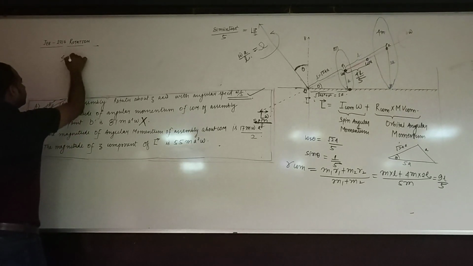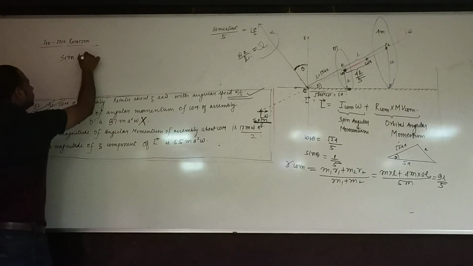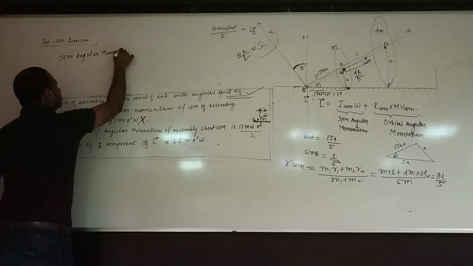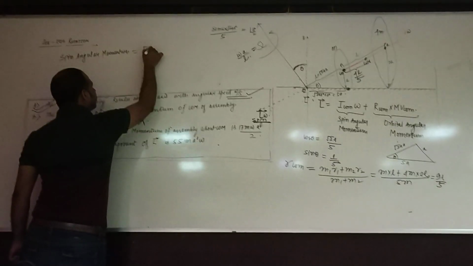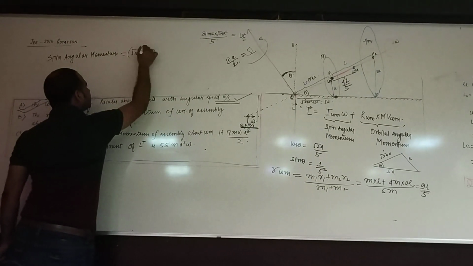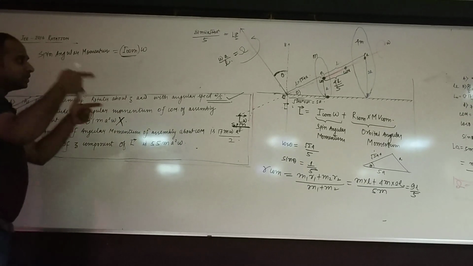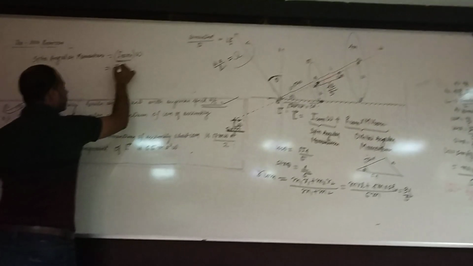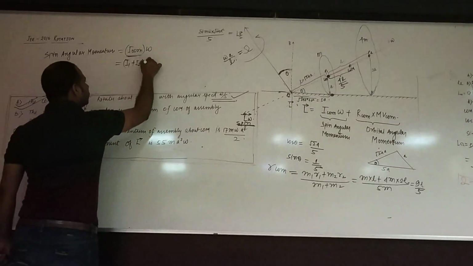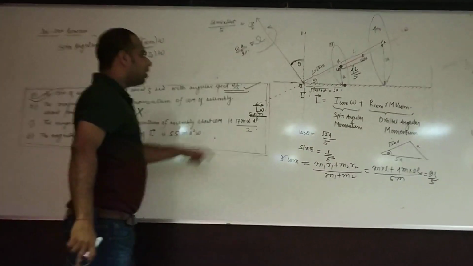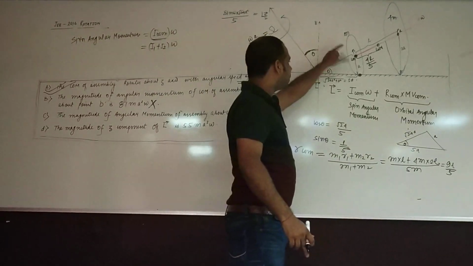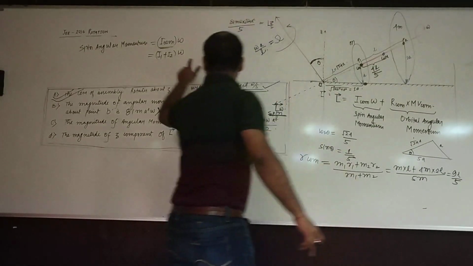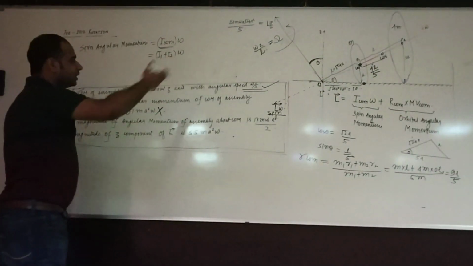So let's calculate the spin angular momentum of this part. Spin angular momentum we already know. It is equal to I center of mass omega, where this I center of mass is the moment of inertia of this system about an axis passing through center of mass. So this is basically equal to I1 plus I2 into omega, where I1 is the moment of inertia of this smaller disk about this axis, I2 is the moment of inertia of this bigger disk about this axis, and omega is given in the question itself.